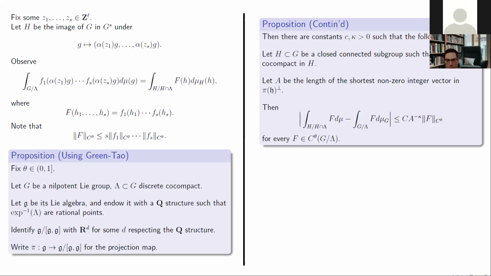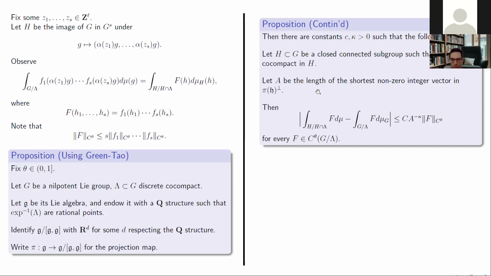Okay, so I will talk a little bit more about this and just talk through this again in the torus case. But before I do that, I just want to point out how this is going to be used.